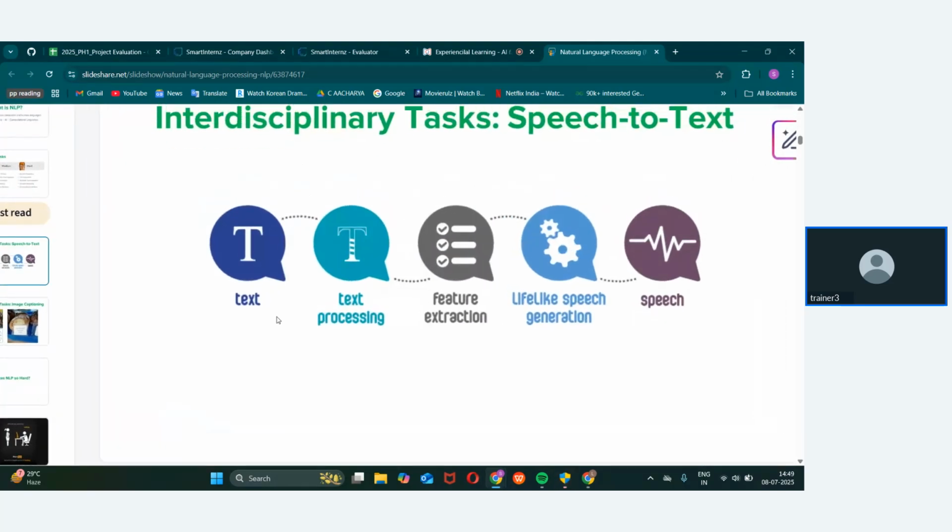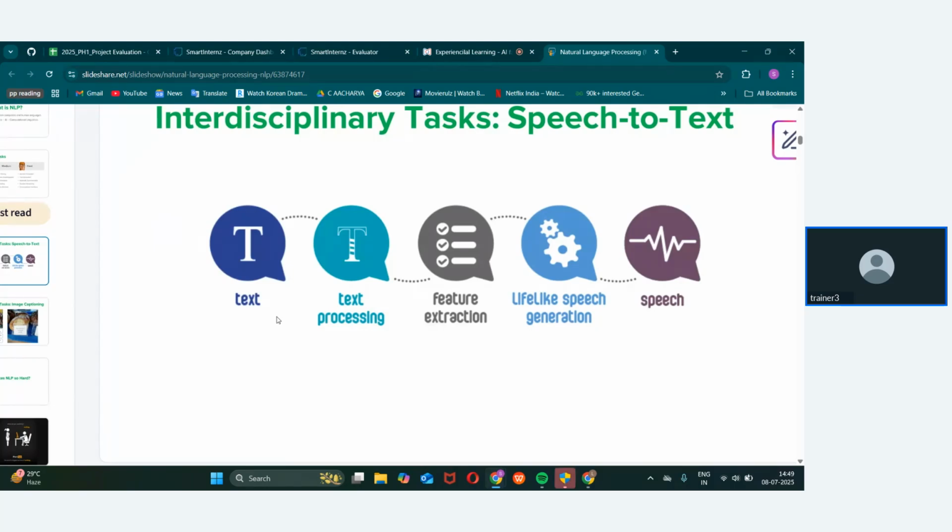So to convert something from speech to text, what happens? This is all involved behind. What happens first? There's a text.